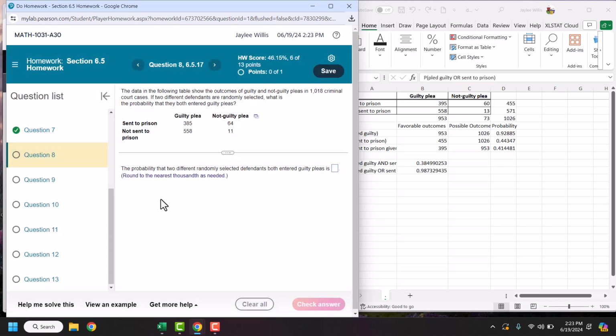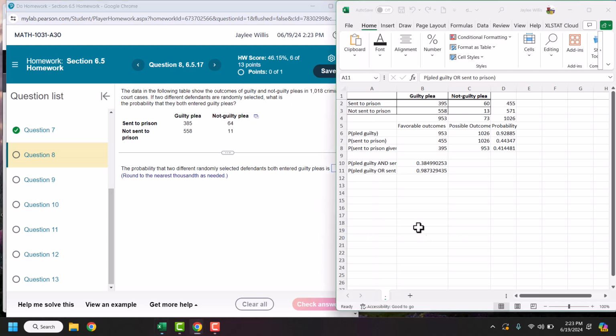Now, on this assignment, you will have some questions where you're just asked for an and probability. Like this one, for example, you're asked to find the probability that they entered a guilty plea and were sent to prison. On question 8, this one says if two different defendants are randomly selected, what's the probability that they both enter guilty pleas?